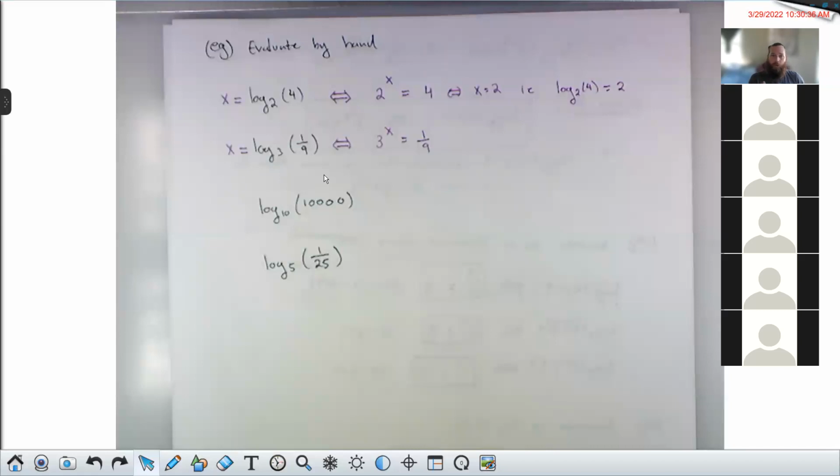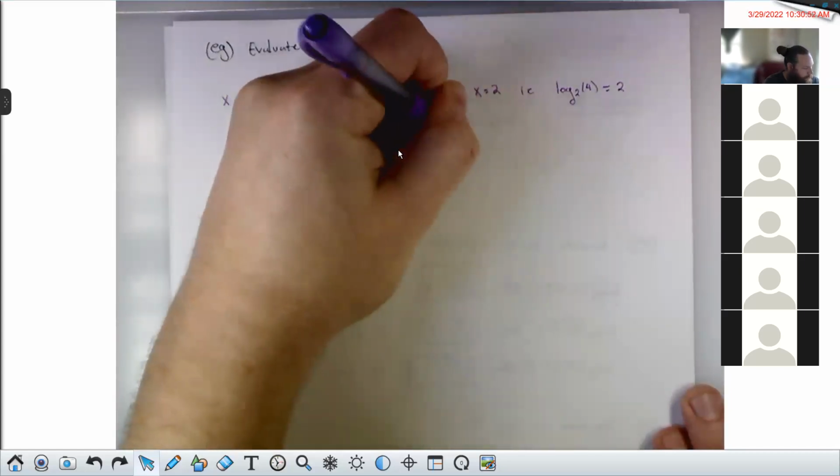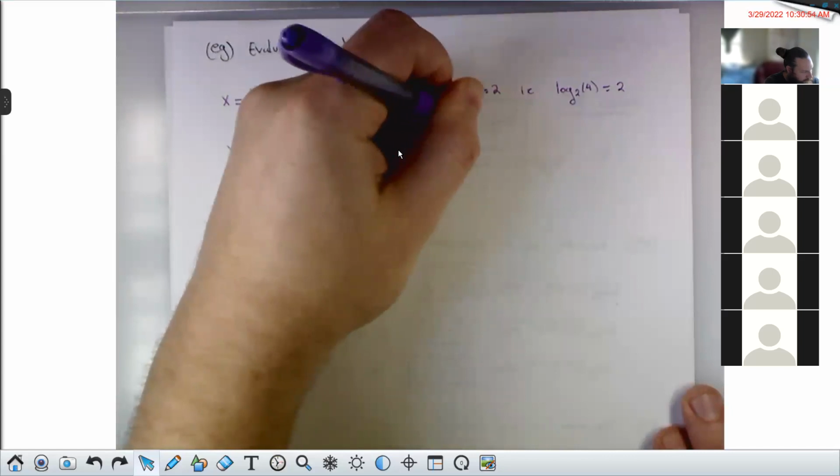Very good, right? So one way you can reason your way here is say, oh, 1/9. Well, that's smaller than 1, right? It's definitely smaller than 3. This power is going to have to be negative, right? In order to have 3 to some power be 1 over something, that power is going to have to be negative.